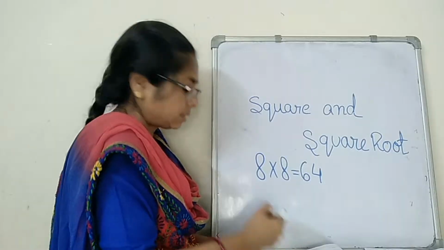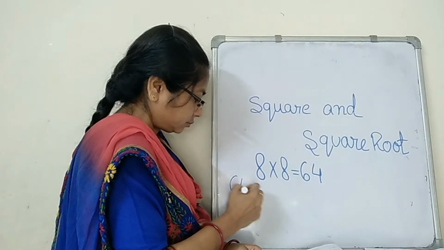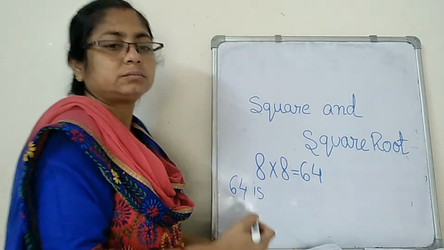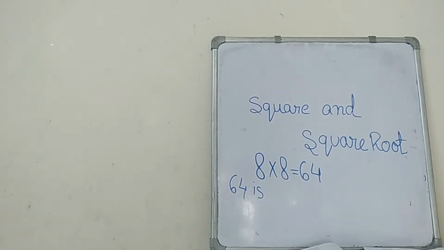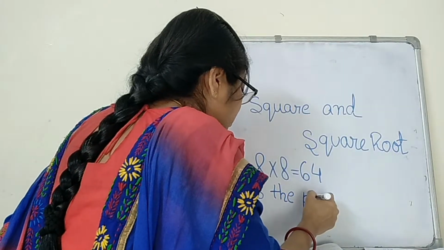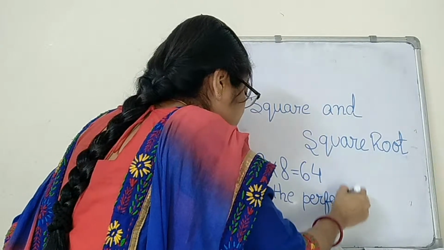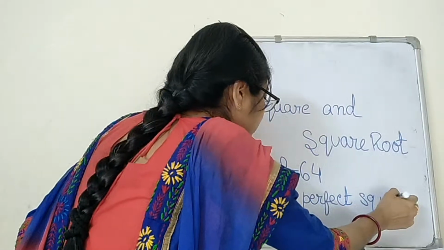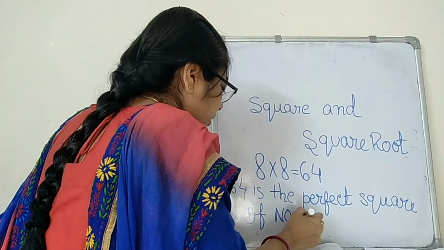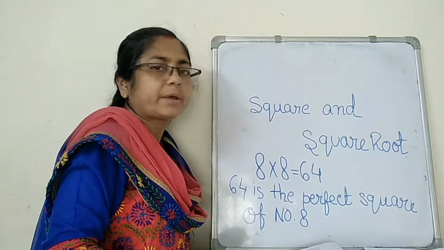So I can tell 64 is the perfect square of number 8. Clear?